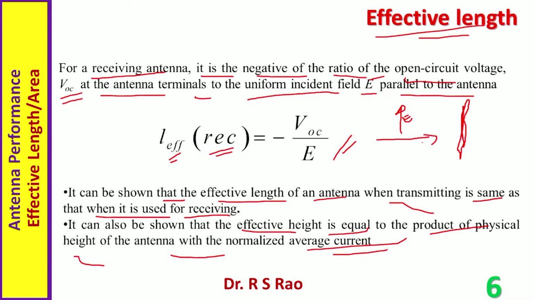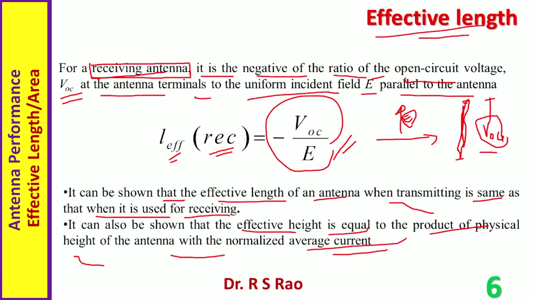When the wave falls over the wire, a certain amount of voltage gets induced across the wire. That voltage is VOC. VOC by E, the electric field intensity in the incident wave, that ratio is the effective length. This is as far as the antenna in receiving mode is concerned.